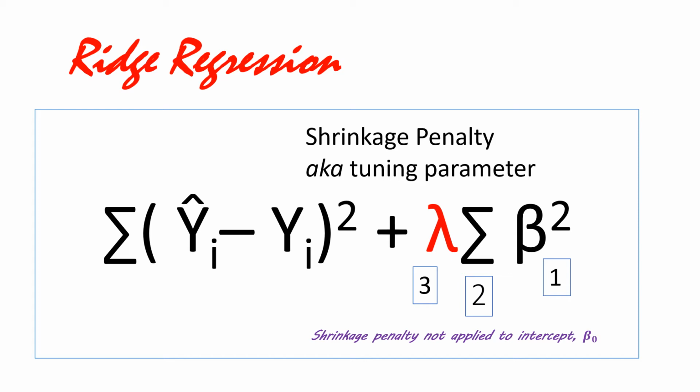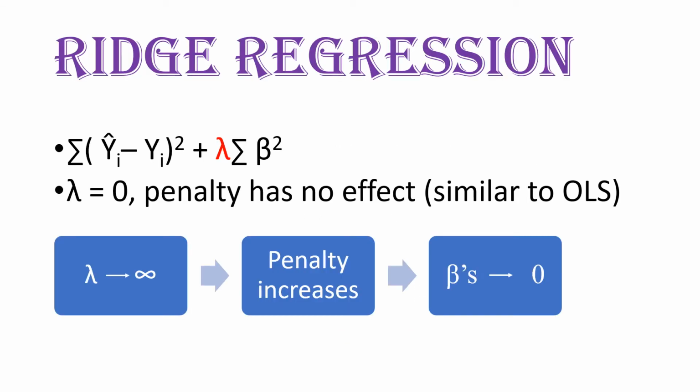And be mindful that the lambda or the shrinkage penalty does not apply to the intercept or beta 0. When the lambda is 0, the penalty has no effect. As the lambda gets larger, the impact of the shrinkage penalty grows, and the beta estimates will approach zero.